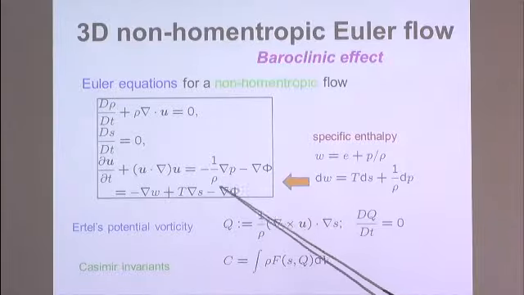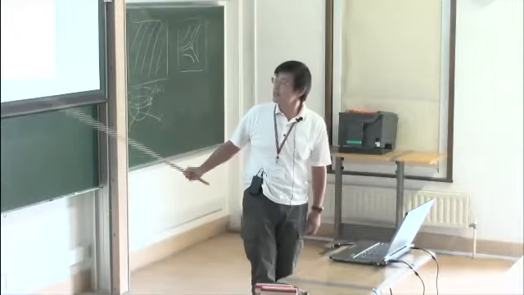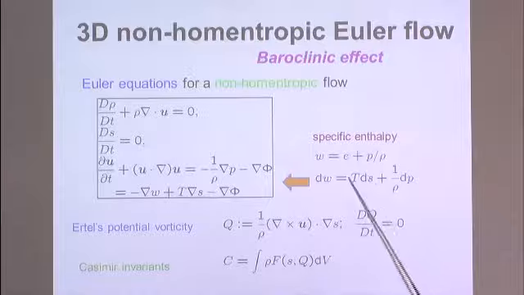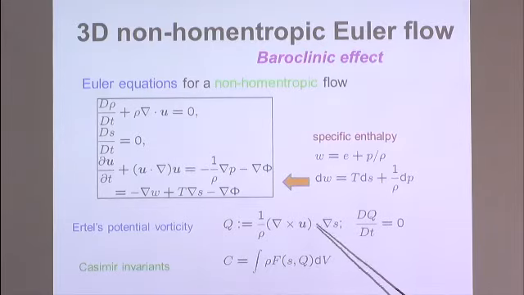Usually people make the assumption of barotropic, but using local equilibrium of some thermodynamic conditions, these are more general equations. Let's forget frame rotation. This is Ertel's potential vorticity, and this is the Casimir invariant. Before going to the energy estimate, the question is, what is this?